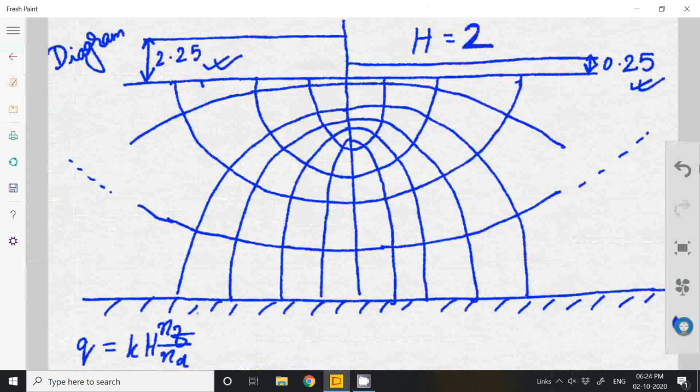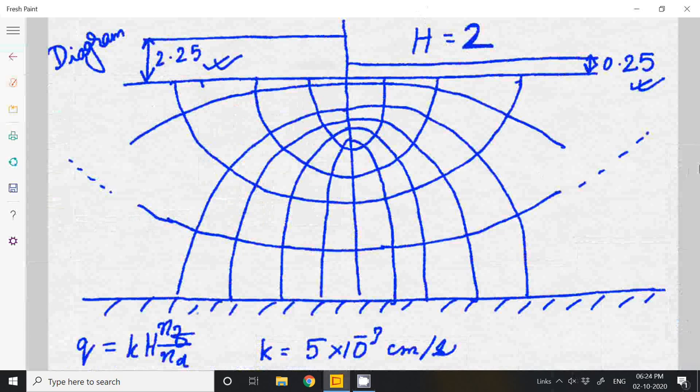K is given to us. It is 5 into 10 to the power minus 3 centimeter per second. It will be generally provided to you. It is a property of the soil. So K and H are done. You can see already half of the values are calculated. We just have to find out now this Nf and Nd.